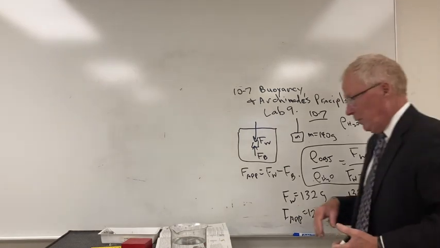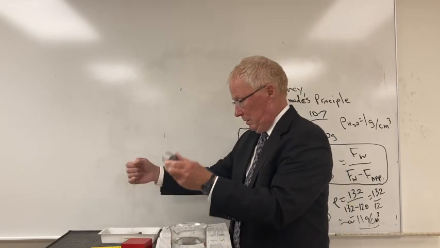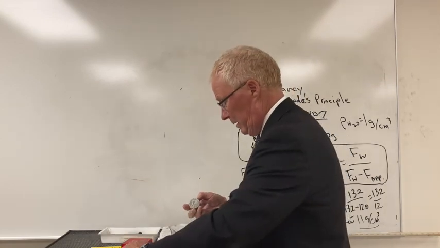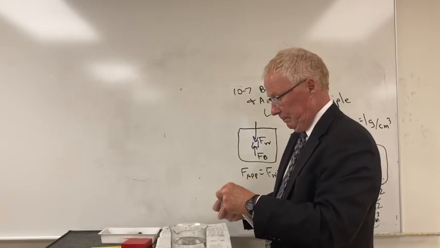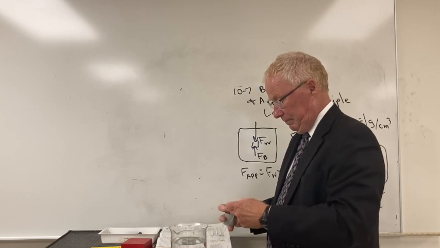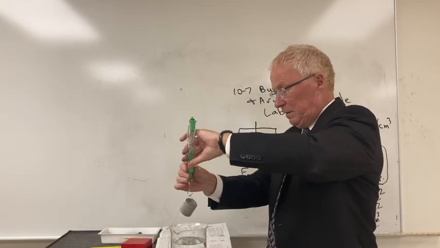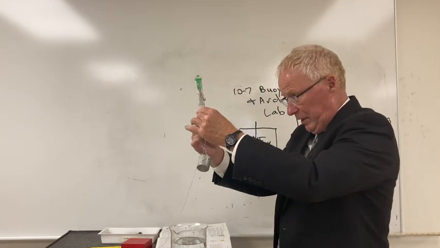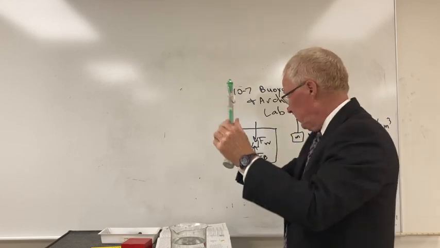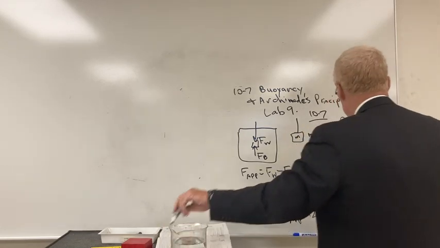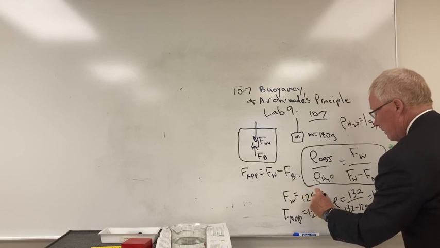Let's try one more example. I have an aluminum block, and aluminum is less dense than water for the most part, less dense than most liquids. So what we have here is this thing weighs, looks like 125 grams, roughly.